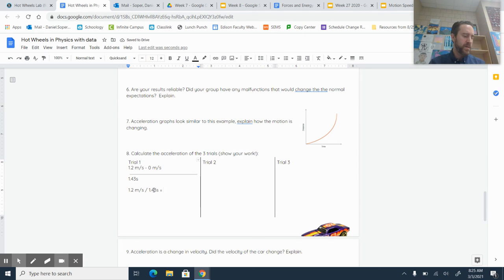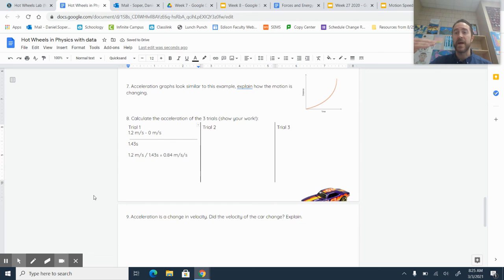If you plug that into your calculator, 1.2 divided by 1.43 equals 0.839, so I'm going to round that to 0.84 meters per second squared. That's just telling us how much we are increasing our speed per second. Well, 0.84 meters per second. That's how we are increasing our speed.